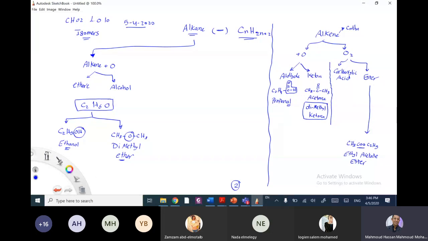They may make other isomers for this. The isomer of this will be COOH, and since it's only one H from this, it will be C3H7COOH.